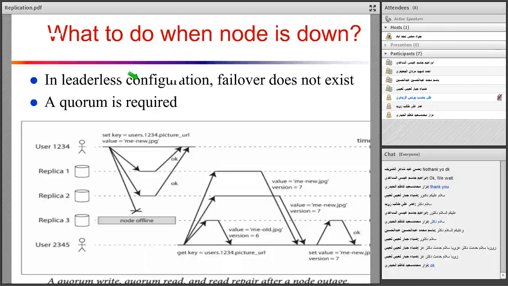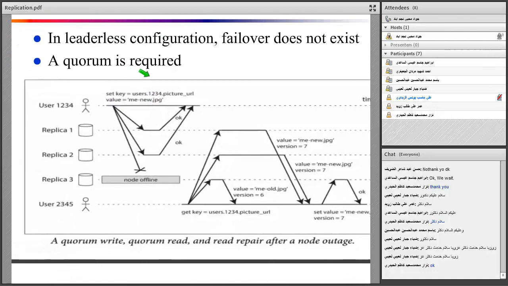So the failover process does not exist, because failover is related to the leader, and when we do not have any leader, the failover process does not exist in this technique. In leaderless replication, a quorum is required. I'm going to talk about this.